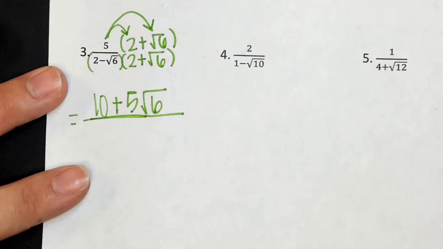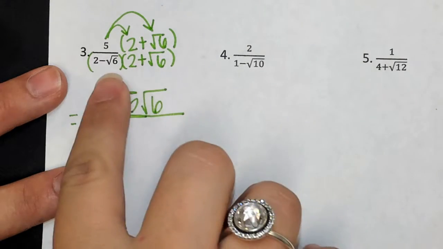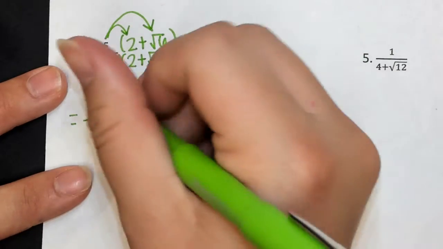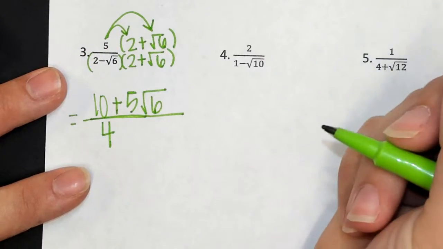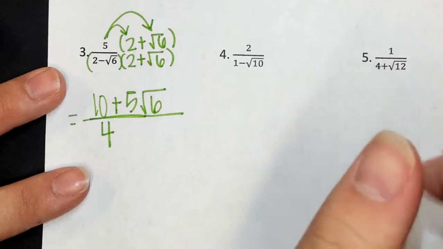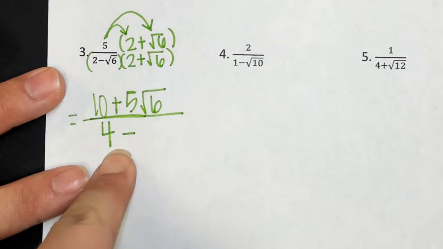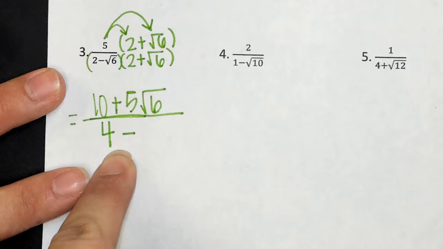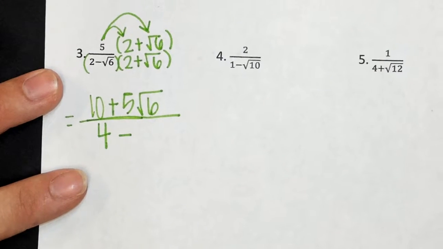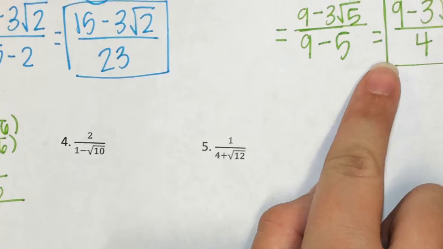Now in the bottom, do the first times the first. 2 times 2 is 4. Our sign is always going to be negative because a negative times a positive is a negative. I didn't change anything. I used the same way I did over here.